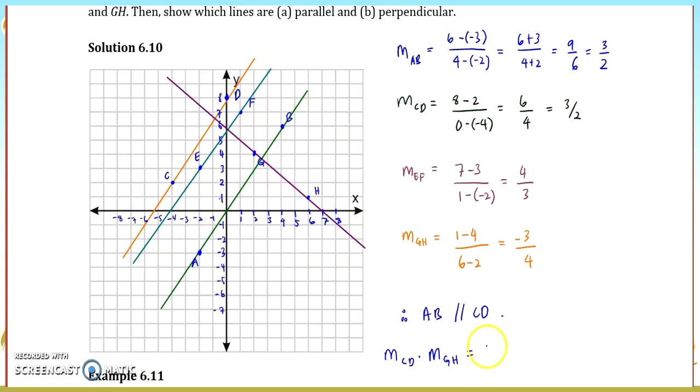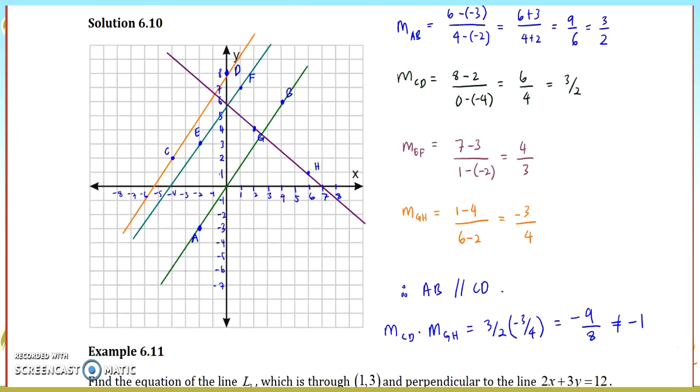CD is 3/2 times -3/4. Can we get -1? No, because we get -9/8, which is not equal to -1. Therefore, we can say that CD is not perpendicular to GH. Also, AB is not perpendicular to line GH.